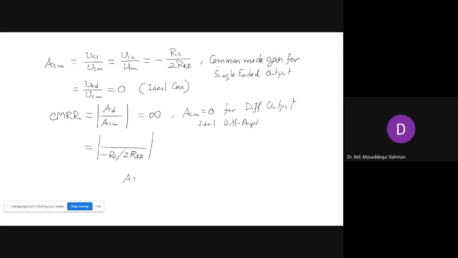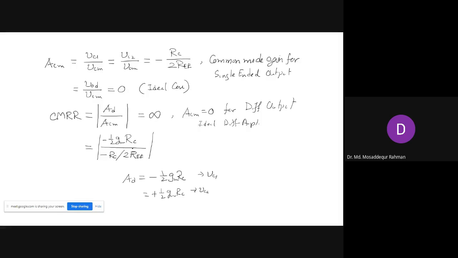The AD, the differential gain, is minus half GMRC if you are taking output from collector VC1, or if you are taking from collector VC2, it is plus half GMRC. It doesn't matter here, minus or plus, because we'll be taking the absolute magnitude, so that will cancel out. So that is how we can express this.